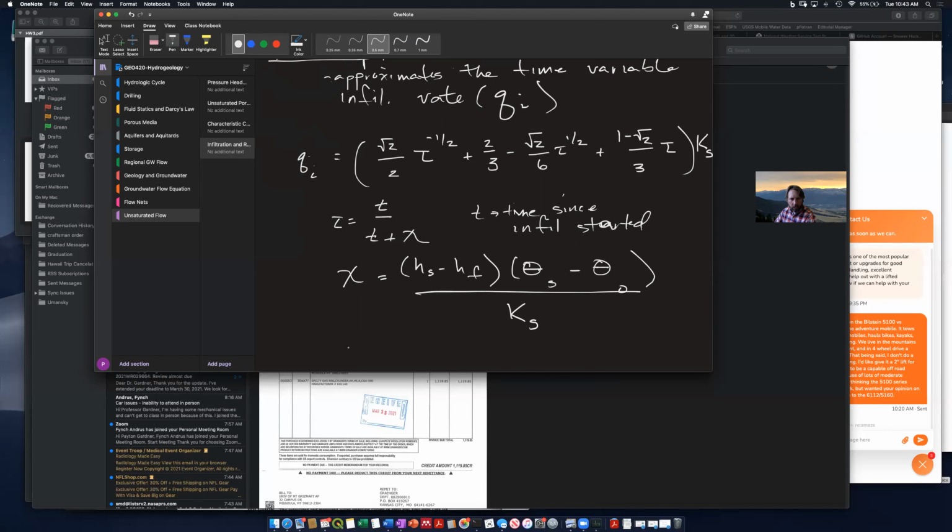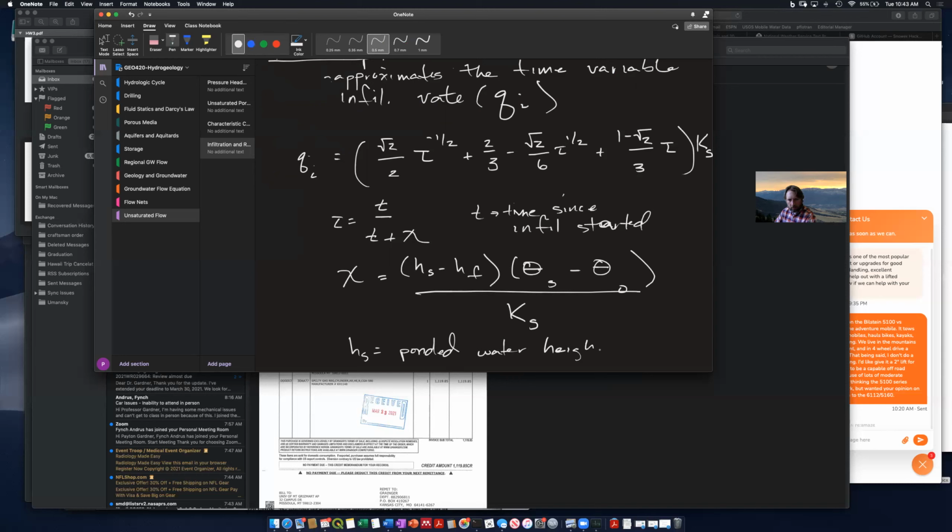H sub S is the ponded water height. That's this height here. After we rain, we say, oh, look, we got this much water ponded on the top of our surface.